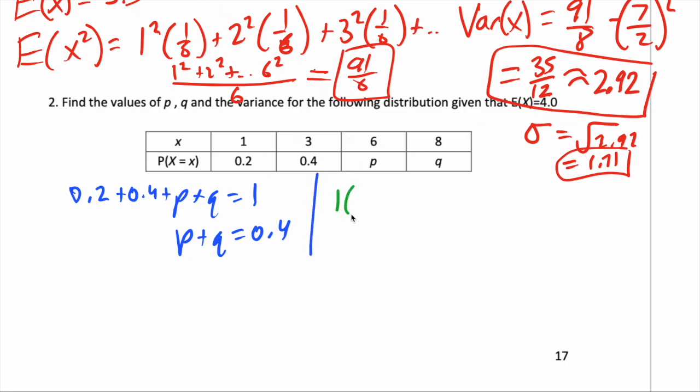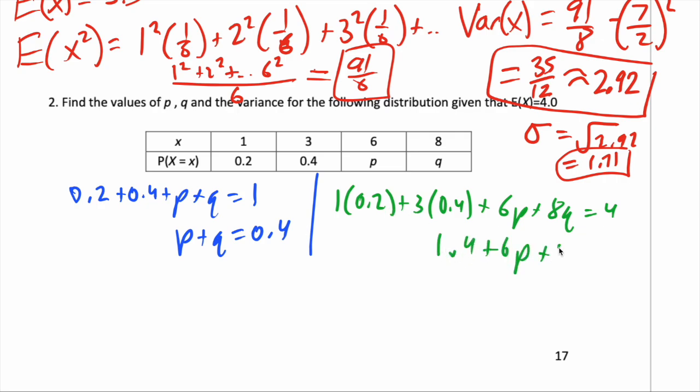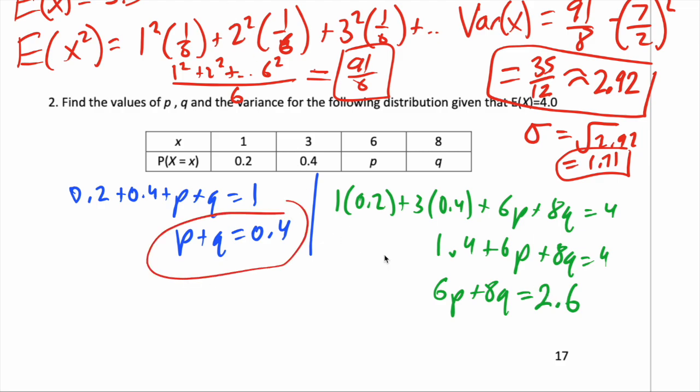That means 1 times 0.2 plus 3 times 0.4 plus 6p plus 8q equals 4. That's 1.4 plus 6p plus 8q equals 4, so 6p plus 8q equals 2.6.